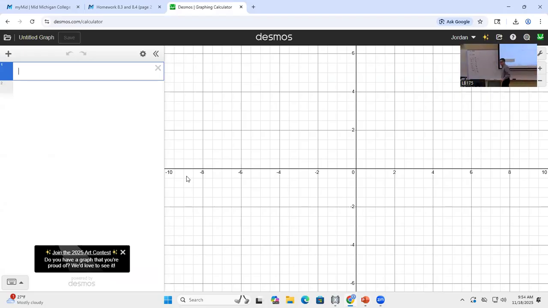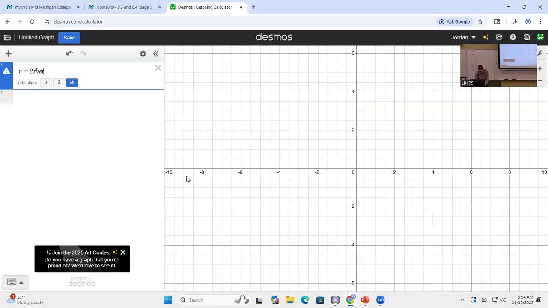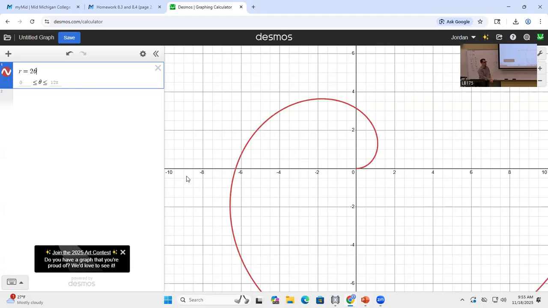But on Desmos, if you just type in, for instance, r is equal to 2 theta, by the way, you get theta by typing in the Greek word theta, T-H-E-T, and then when I hit the A, it translates that into the Greek letter theta, right?